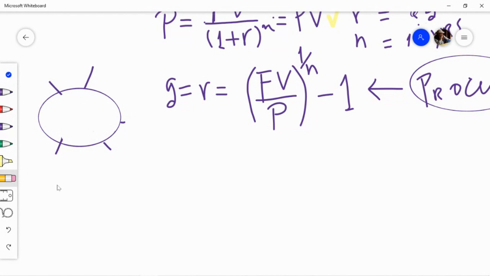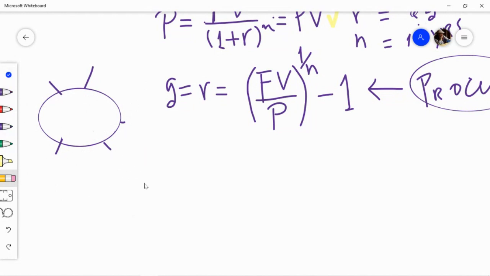So it would be CGR, compounded growth rate, if you want to use an acronym. But I would just use G, growth rate. Growth rate.